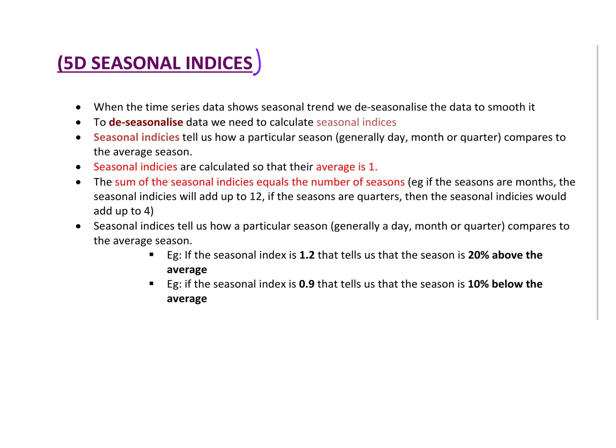A seasonal index will be a number, and if a seasonal index is 1, it means it is exactly the average. The sum of the seasonal indices equals the number of seasons. So if you add up all the seasonal indices of your data, it will equal the number of seasons.